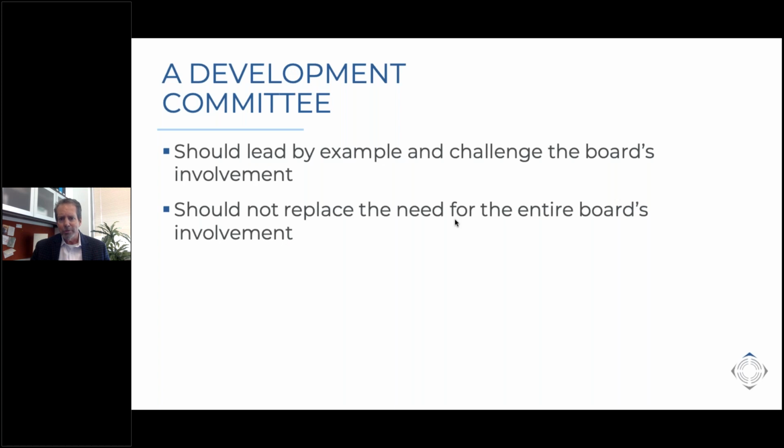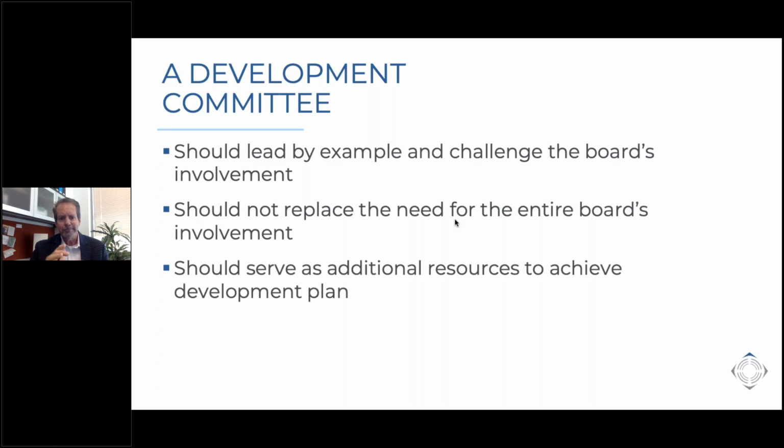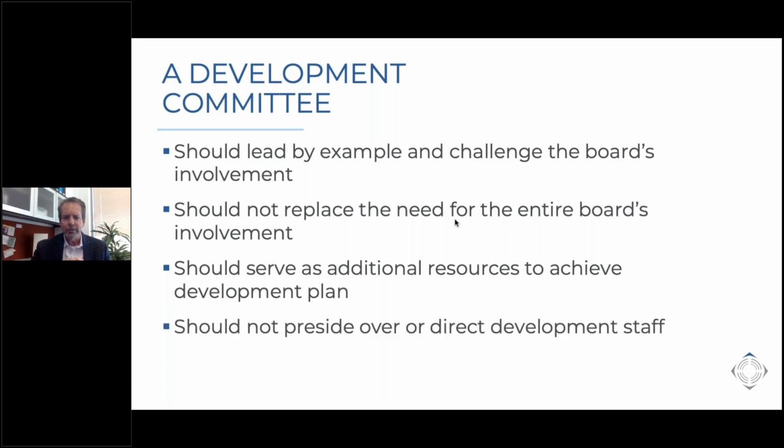Sometimes when a board creates a development committee, the rest of the board sits back and goes, oh, I don't have to worry about that anymore. We've got a development committee that takes care of that, so we don't have to. That's not the case. The development committee leads the charge, but then it's the development committee's role to come back and challenge the rest of their peers to follow suit and get involved, both giving, opening their networks, and things like that. And then obviously serving as additional arms and legs, as resources to ultimately achieve the development goals of the year.